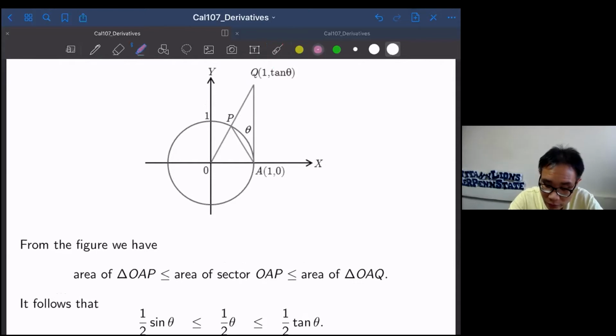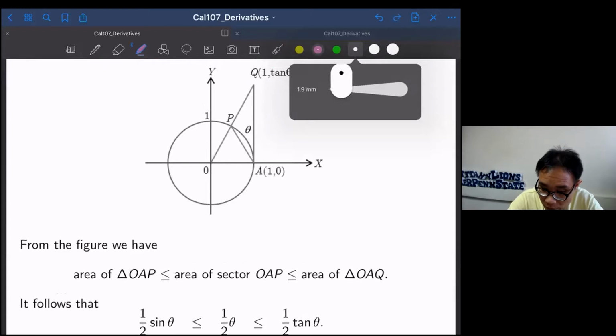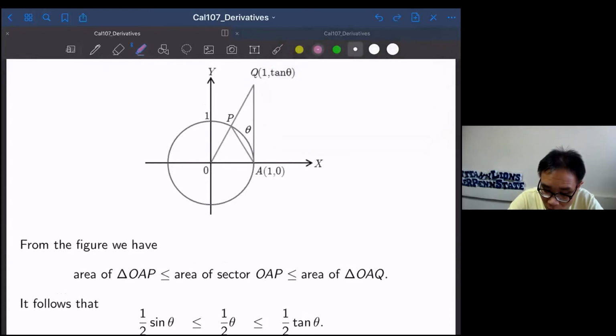In this picture, you see that we have a triangle OAP, which is the pink one. We have the triangle OAP, and we have the sector OAP.